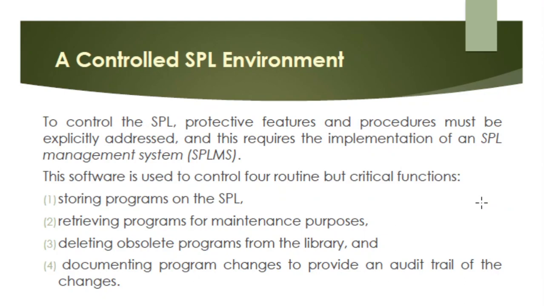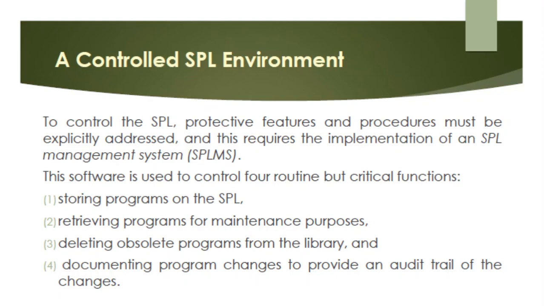Now, to control the SPL, protective features and procedures must be explicitly addressed, and this requires the implementation of an SPL management system. This software is used to control four routine but critical functions. First is storing programs on the SPL.